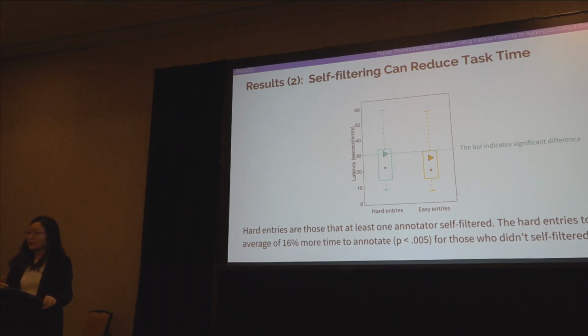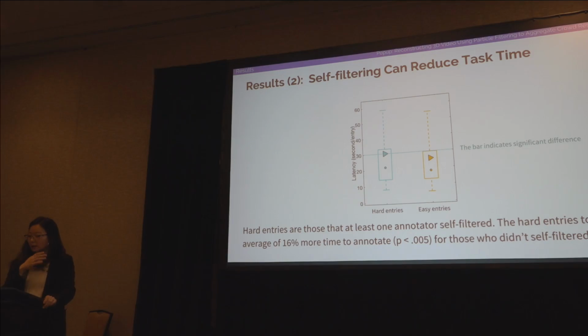And we also looked at the positive effect of the self-filtering in terms of the total task time. The left sidebar is the hard entries, which means that at least one crowd worker self-filtered because they thought it was hard to draw. And the right sidebar is where every worker annotated.